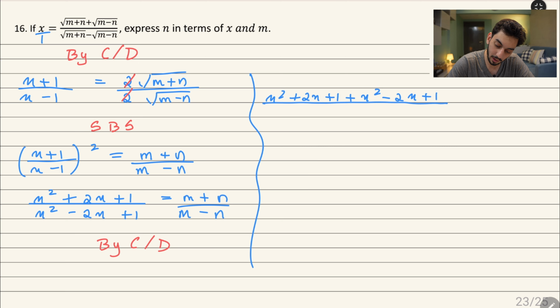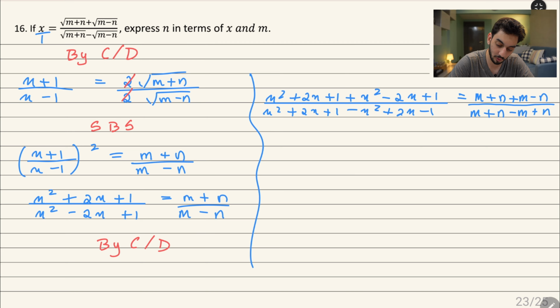In the denominator it is x square plus 2x plus 1 minus x square plus 2x minus 1, is equal to, same thing on the right hand side, so m plus n plus m minus n upon m plus n minus m plus n.